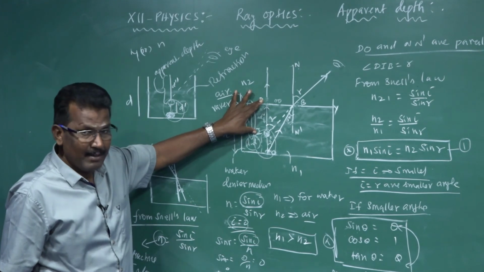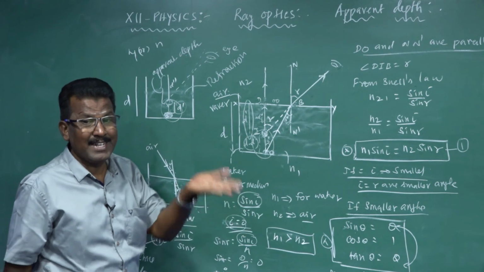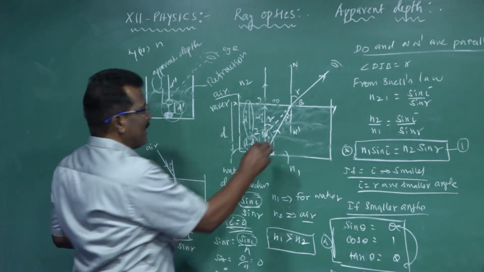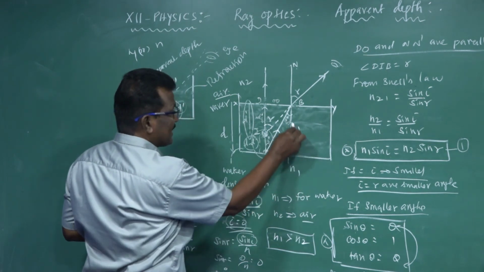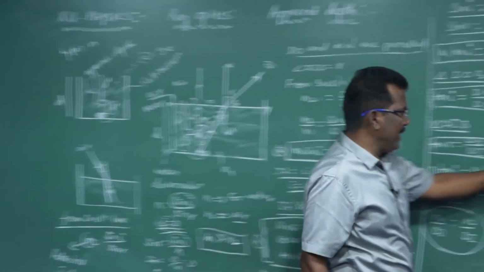The refractive index n for air is 1, and for any medium it is greater than 1. If the medium's refractive index increases, the apparent depth always decreases. If water is filled inside the beaker, the apparent depth may be a certain value.